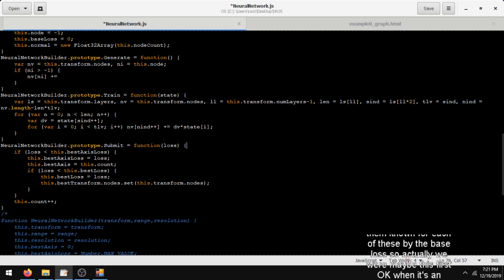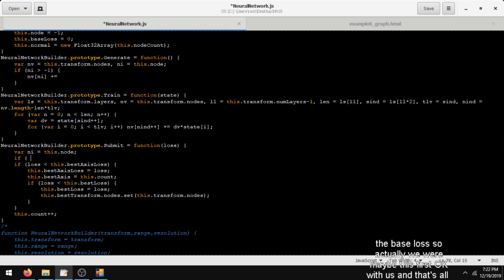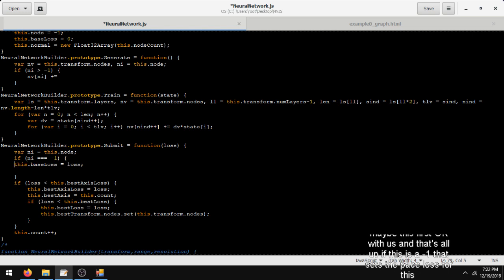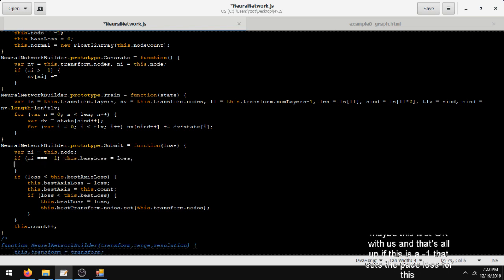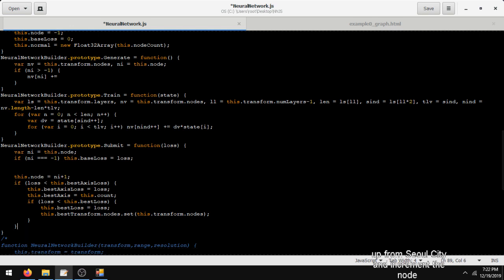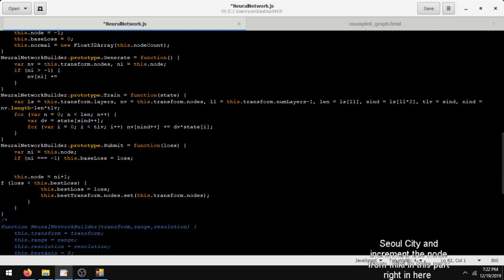Okay, when it submits, if this is -1, then it sets the base loss to this. It's also going to increment the node. I'm going to keep this part right here that saves the best loss.